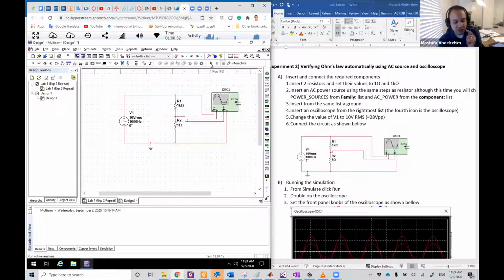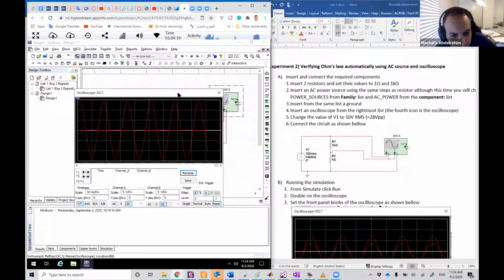So I'm sorry for the interruption. When I did the simulation using the default values 120 and 60, it was ugly. I needed to make many changes inside the oscilloscope itself in order to show the signals. Okay, I will show you now. So yeah, let's now open the oscilloscope.